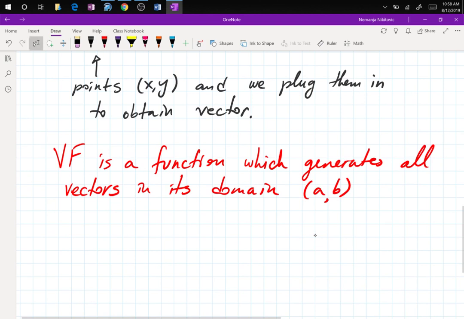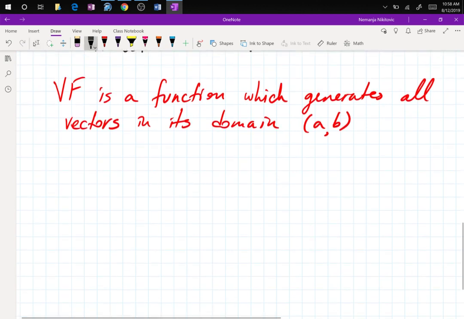So again, in the previous example, we have to exclude all of the points that would have x equals 0. So you are not allowed to plug in anything from the y-axis. So that one would not be generating any. Now we do have some cool vector fields to consider.